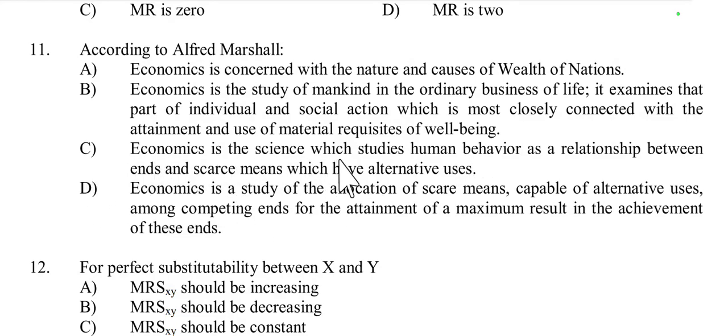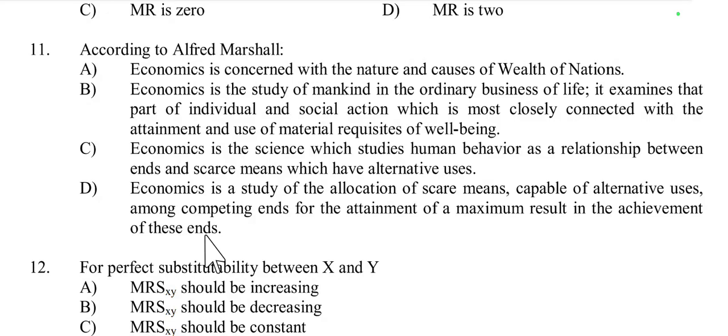Then, economics is the science which studies human behavior as a relation between ends and scarce means which have alternative uses, the scarcity definition by Robbins. Then, economics is a study of allocation of scarce means capable of alternative uses among competing ends for the attainment of a maximum result in the achievement of these ends.